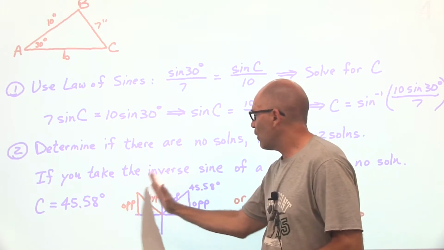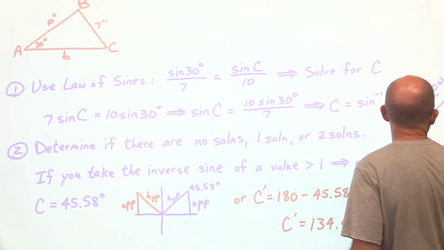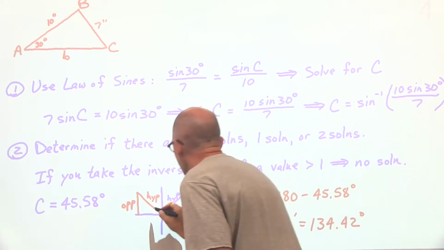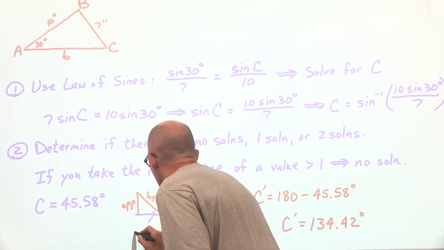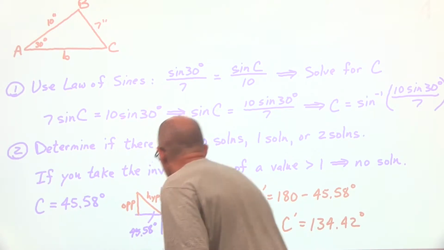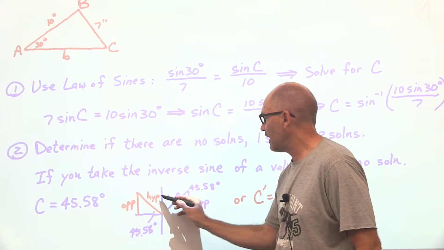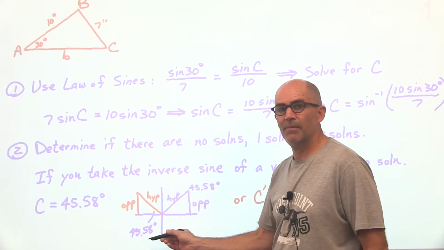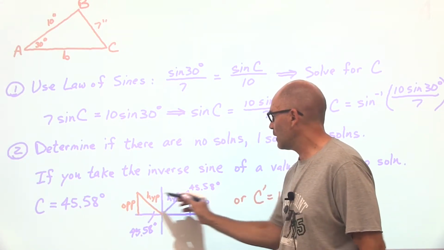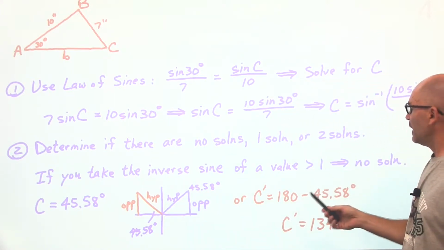So if I go 45.58 degrees over, so notice this angle right here is also 45.58 degrees. Well, now I have another triangle that the sine is going to be the exact same thing. So two possible triangles. Well, let's see if it is possible.